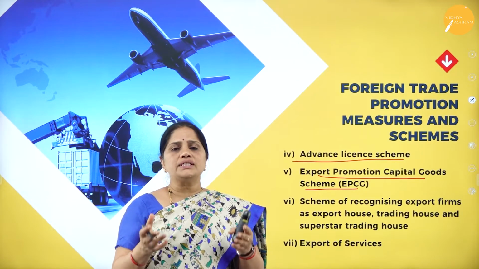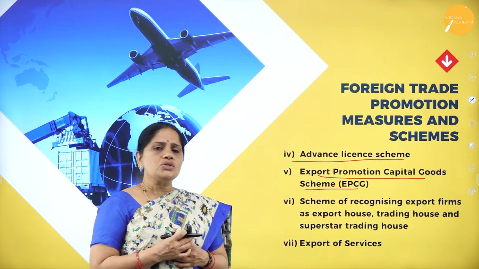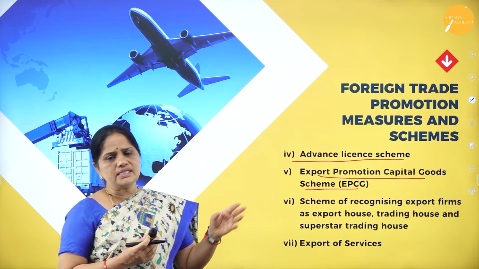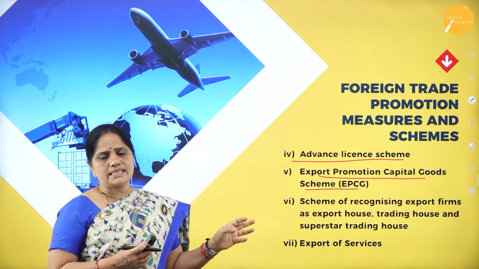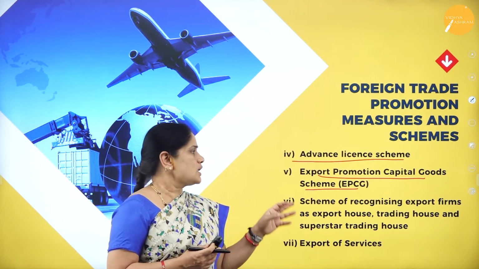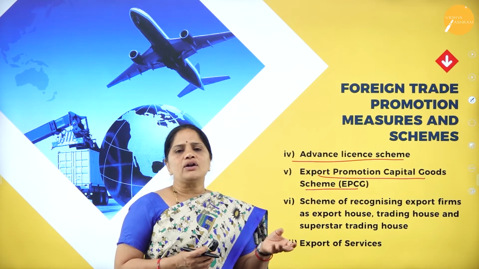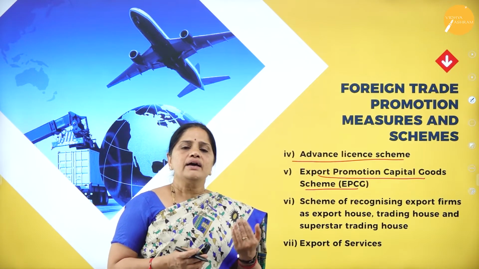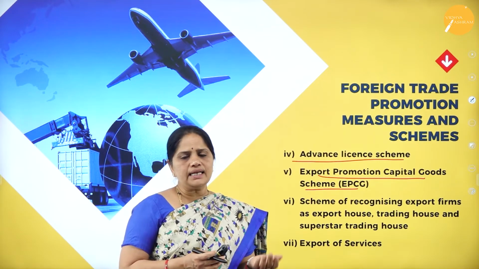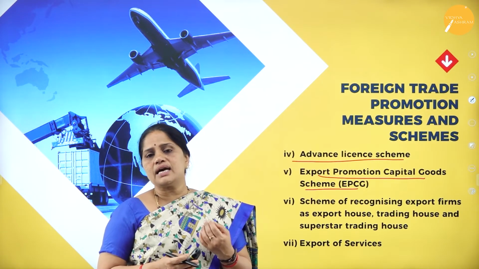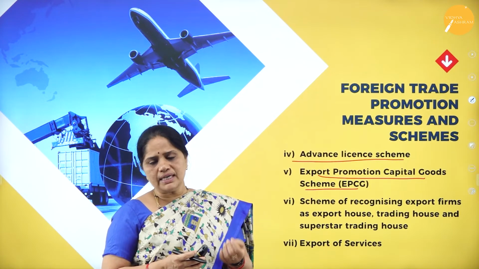Such goods which are imported exclusively for producing the export orders can be availed under this scheme, wherein the importer need not pay any customs duties or excise duties on such capital goods. The machinery he has ordered from another country, he can take without paying any dock dues, customs duties or other excise duties. This is done to give a lot of encouragement to the exporters of the country.